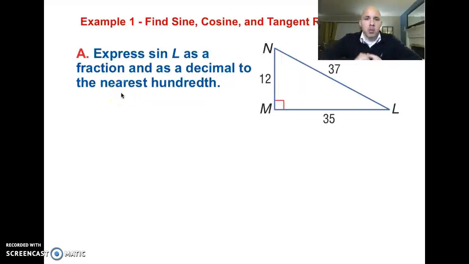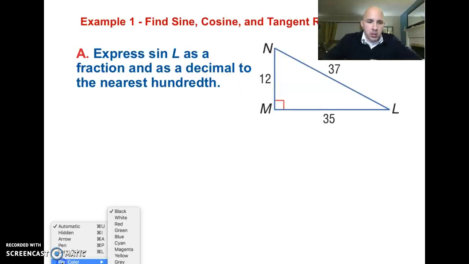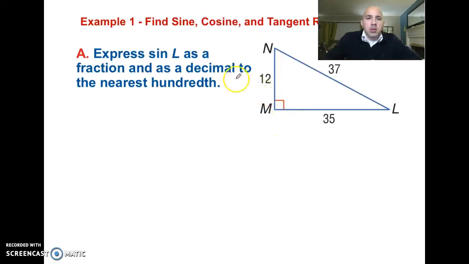For example 1, we want to find the sine, cosine, and tangent ratios only. We're going to find each one not only as a fraction, but also as a decimal. So, you guys ready? Let's begin. I'm going to locate my angle L. So this is my angle L. Then I'm going to use the definition for sine, which is sine L equals opposite over hypotenuse.